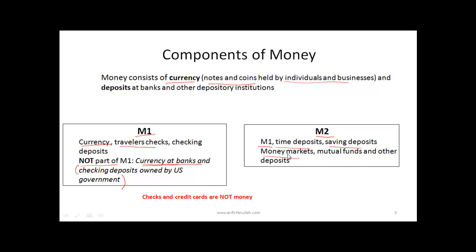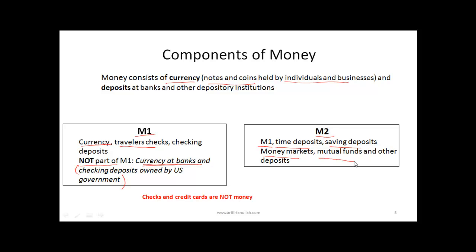Why is it? Because when you put your money in a money market fund, can you easily get it back? Actually, within a day or two, if you want to redeem or get your money back, you can. So it's not like investing in your uncle's business, right? It's reasonably liquid.